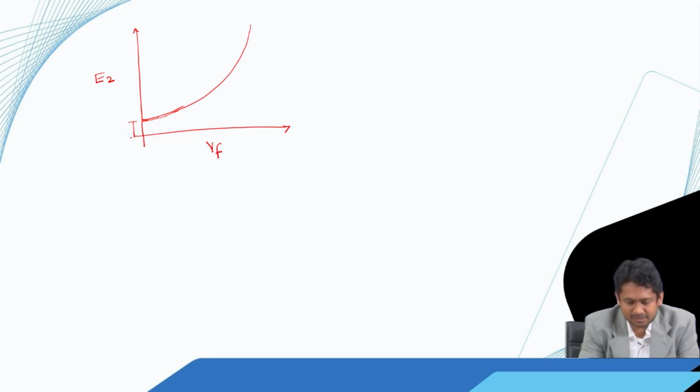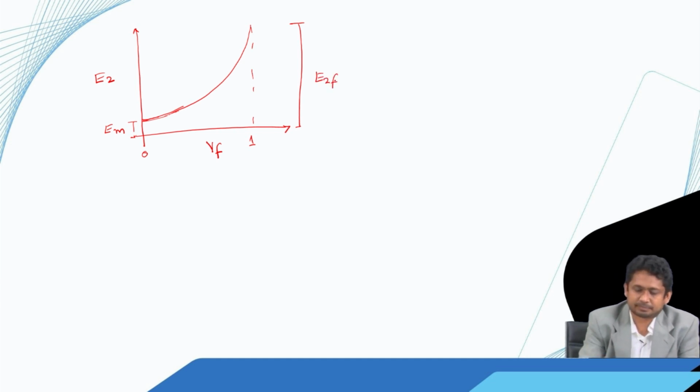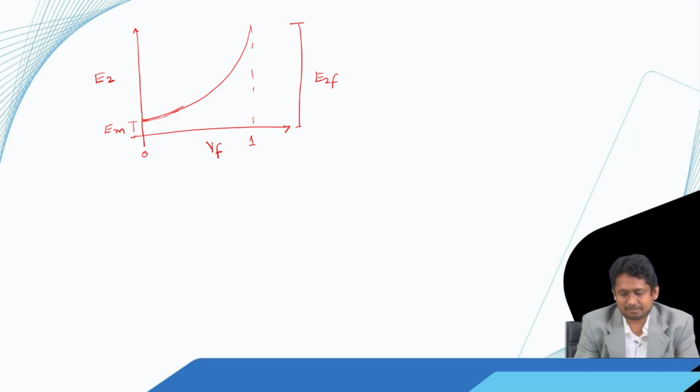Again in the extreme case, when V f is equal to 0, E 2 is equal to E m, when V f is equal to 1, E 2 is equal to E 2 f, and in between that it follows a curve like this.